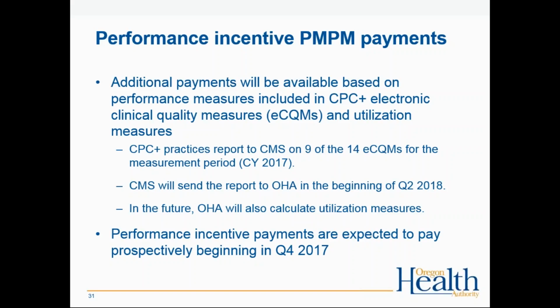There will also be a separate utilization performance incentive payment. So one based on quality, one based on utilization. And those details we'll be talking about at a future date as we lay out that piece. Again, these payments are going to start beginning to flow in Q4 of this year, 2017.